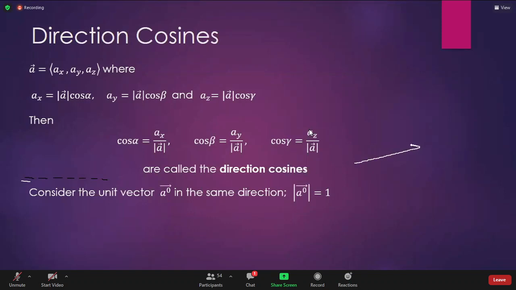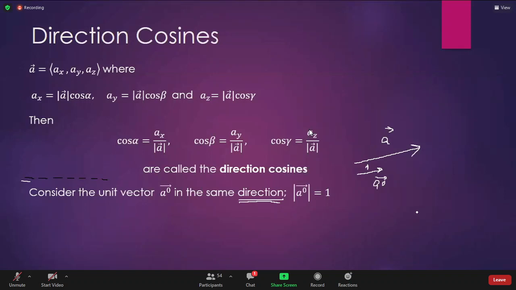So we have a vector A, and we have a unit vector, let's call it A0, whose length is exactly 1 unit. The length is 1 unit for that vector, but if the direction is the same, the angles alpha, beta, gamma are the same.